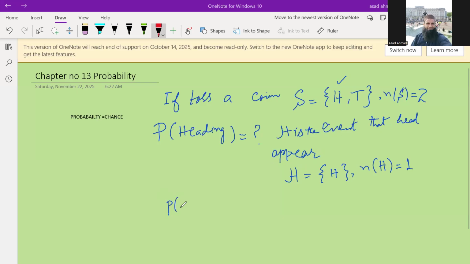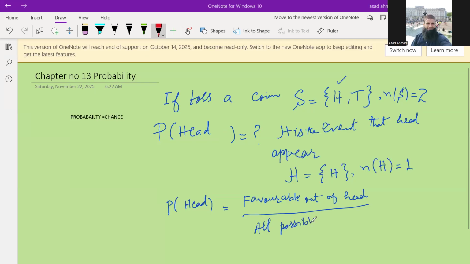Now, if you want to find the probability of getting head, it means the favorable outcomes of head, and we divide it by all possible outcomes in this experiment.